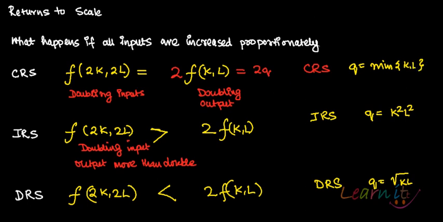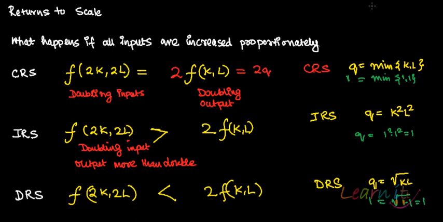So initially say they all used 1 unit of capital and 1 unit of labor. Okay, so according to this it would be min of (1, 1). It will fetch you output of 1. This Q would be 1 square into 1 square. This would also be 1. Here, this will also be 1 because this is root of 1 into 1, which is just 1.